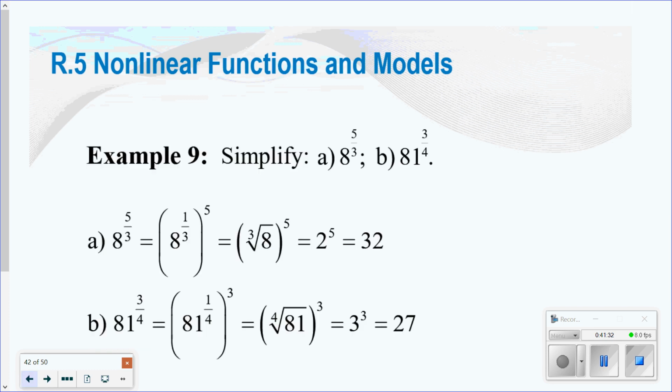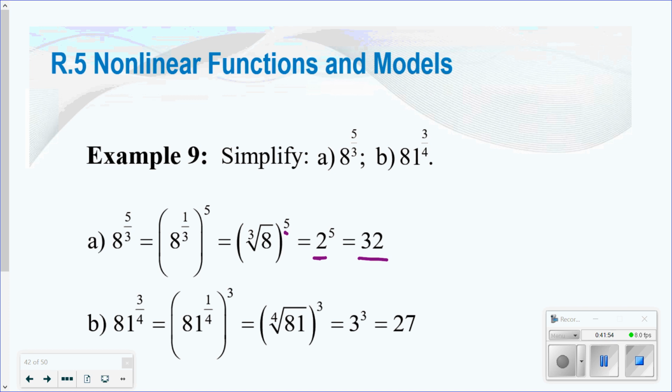Okay, those are just some more examples using numbers. So if you have 8 to the 5/3, it means the cube root of 8 raised to the 5th power. So cube root of 8 is 2. 2 to the 5th power is 32.